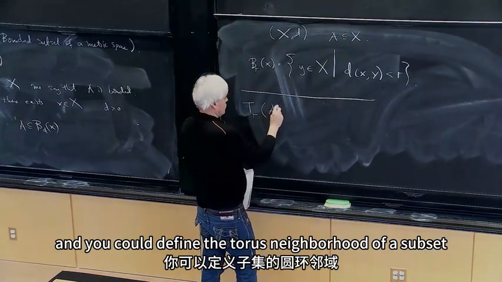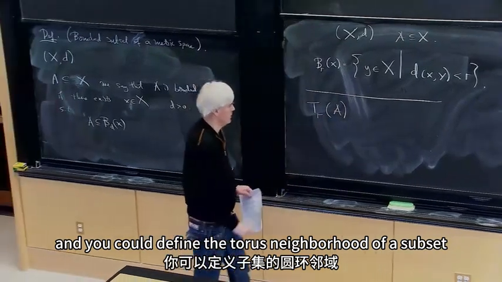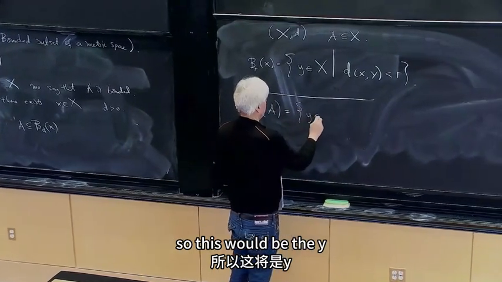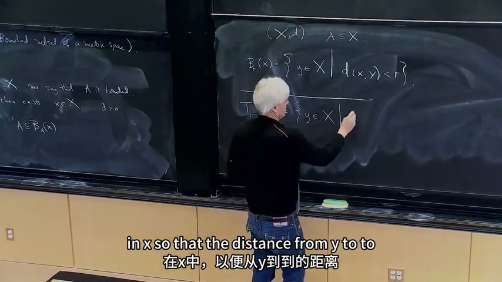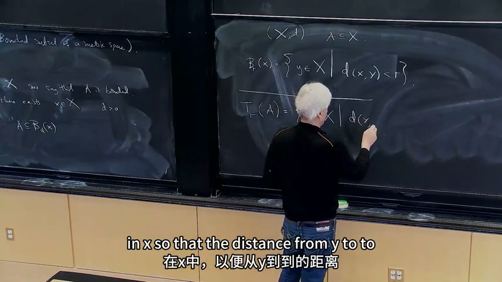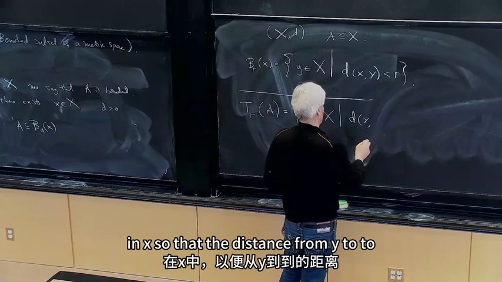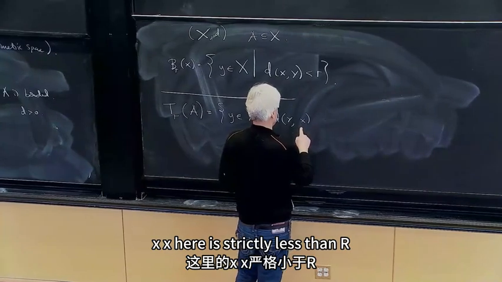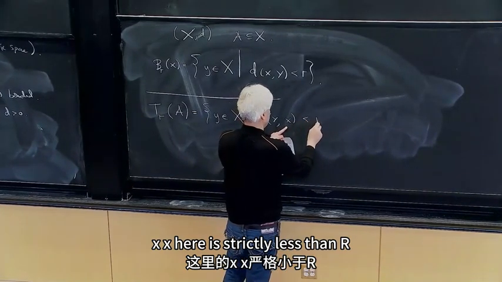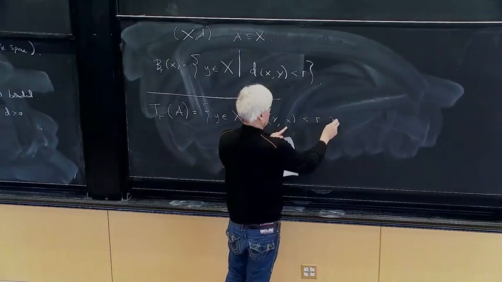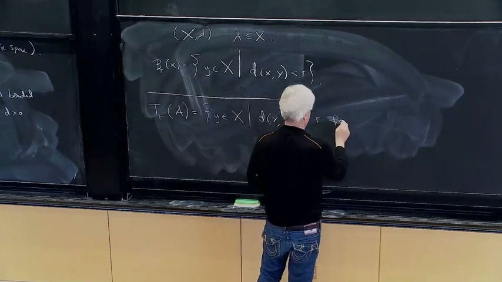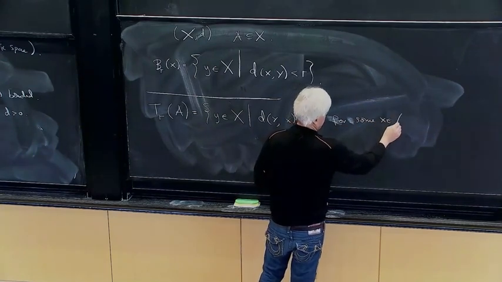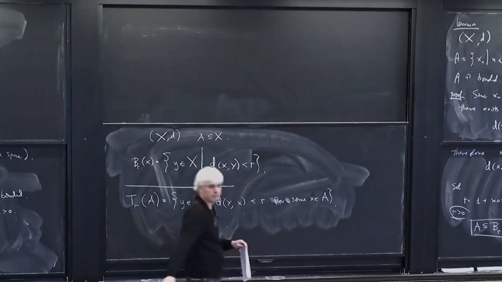You could define the tubular neighborhood of a subset similarly. So this would be the y in X so that the distance from y to x is strictly less than r for some x in A. You see what I mean?